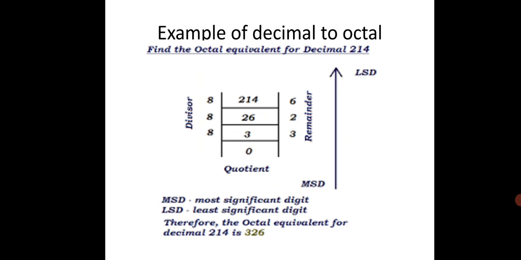You have to write from the MSB to LSB, that is most significant bit to least significant bit. So the decimal number 214 has the octal number 326.